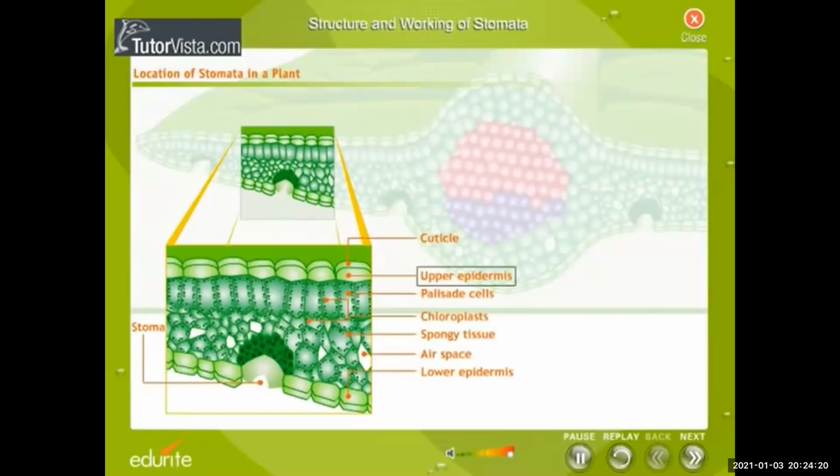Under the upper epidermal layer is a layer of palisade cells containing the chloroplasts. Beneath the palisade cells is the spongy tissue with air spaces. The stomata are located mainly in the lower epidermis. Stomata are nothing but minute pores in the lower epidermis of a leaf.